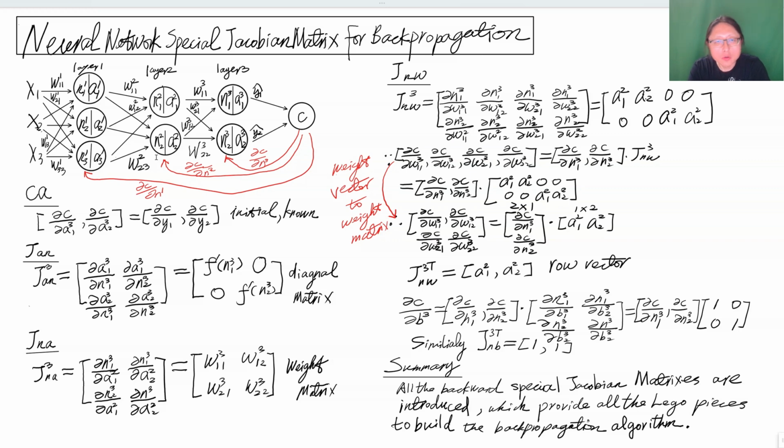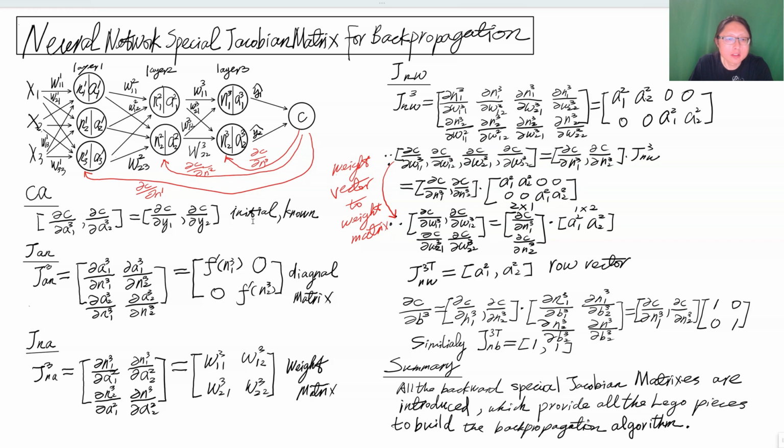The good thing about the neural network is that, because of its structure, the Jacobian matrices between the different layers have some special features which make the calculation more convenient. So we will start from right to left, talking about all those special Jacobian matrices.